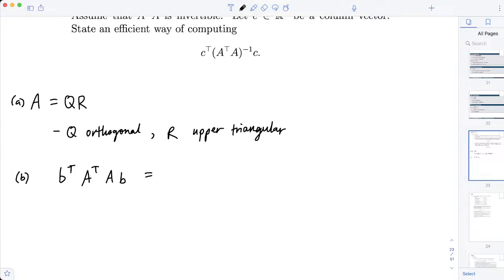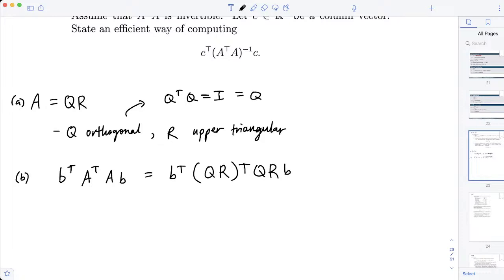So instead of A transpose, we're going to have QR transpose times QR B. The key thing we're working towards here is that because Q is orthogonal, as we went through earlier, we're looking for any time these identities show up, because then we can simplify our expression.